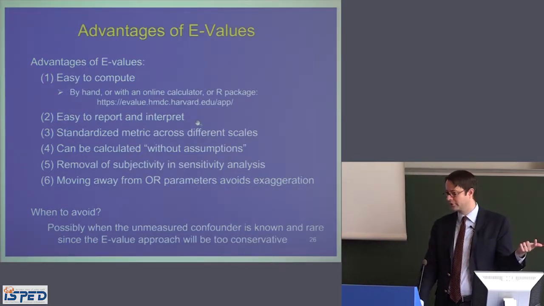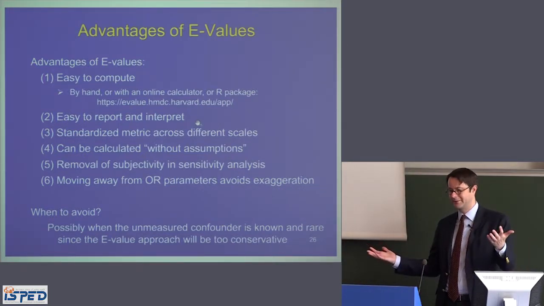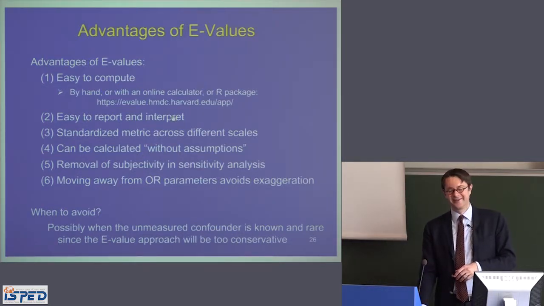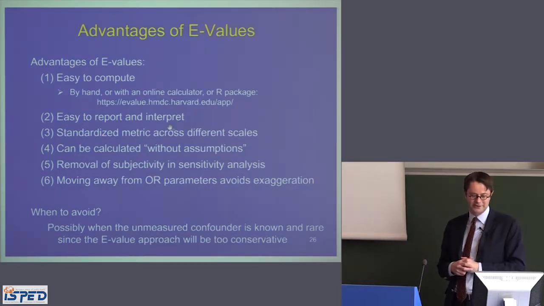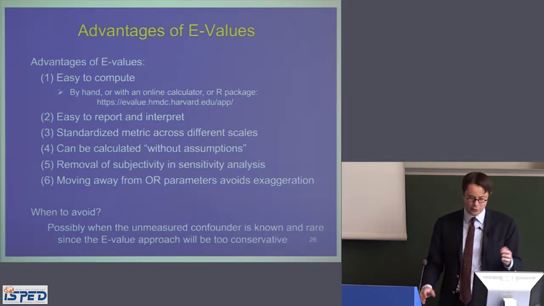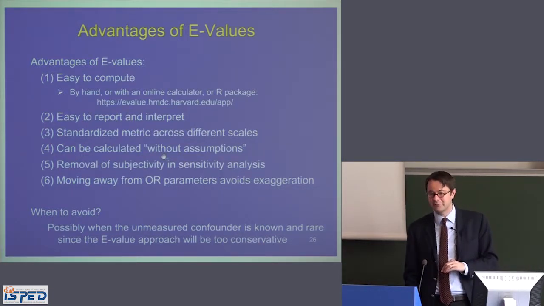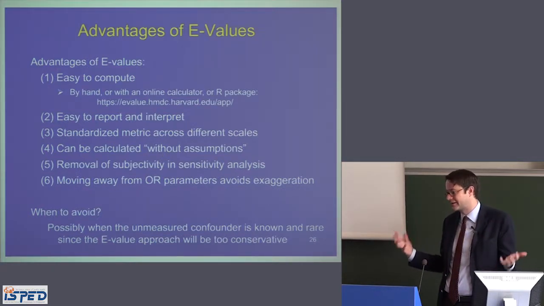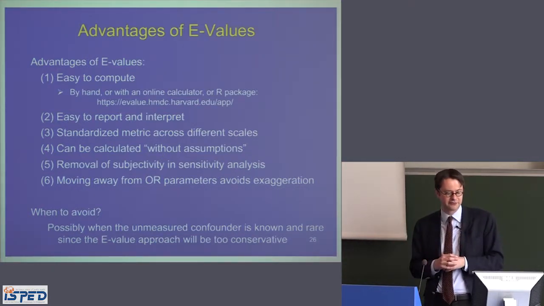It's easy to report. Again, you can pretty much just copy and paste those 2 lines into your clinical paper. It's easy to interpret. Readers find it fairly intuitive. It provides a standardized metric across different effect scales. At least with the risk ratio scale, it can be effectively calculated without assumptions. We're not imposing any assumptions on the nature of the unmeasured confounder.